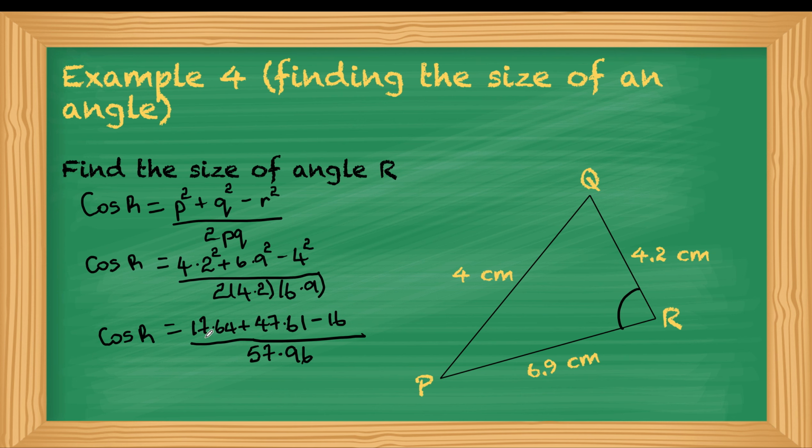Now, if we're to simplify this, we'll end up with cos R being equal to 49.25 all over 57.96.